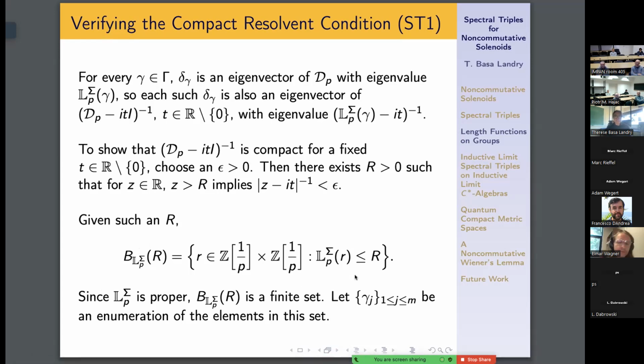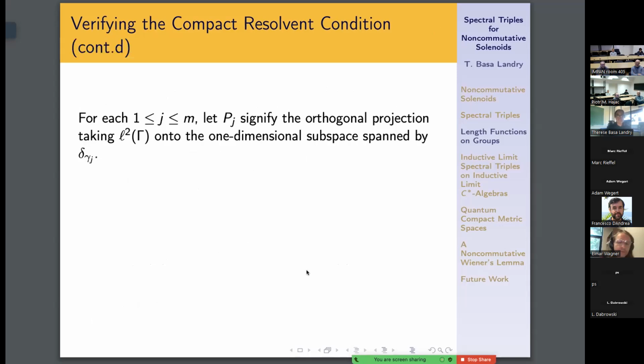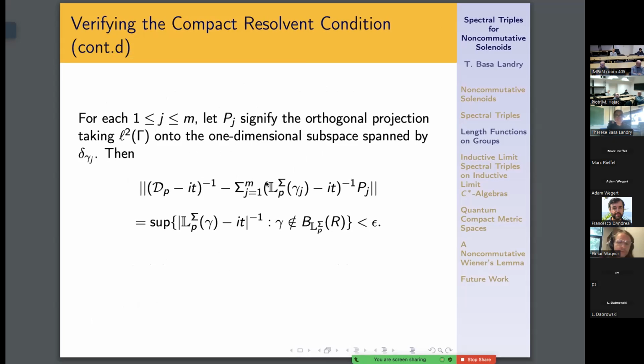To build our finite rank operators, let's take an enumeration of elements in this finite set and take the orthogonal projection from the L2 functions onto the one-dimensional subspace spanned by each Dirac function. And so here's our finite rank operator.